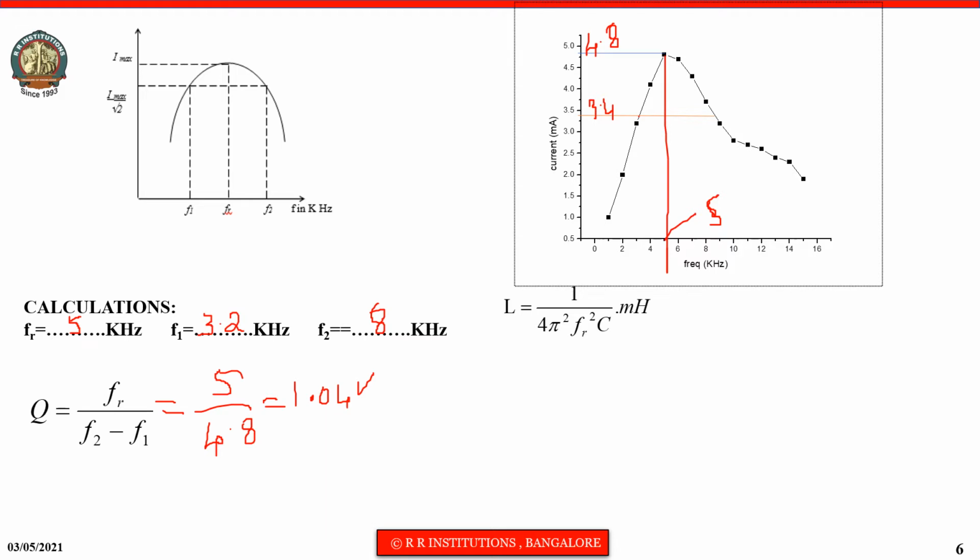Now we have to calculate the inductance using the formula L is equal to 1 divided by 4 pi square Fr square into C. So 1 divided by 4 into 3.142 square.